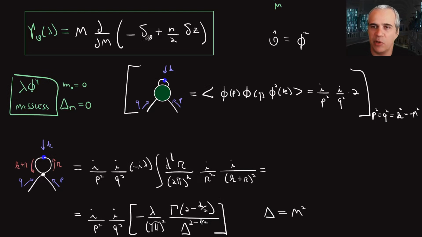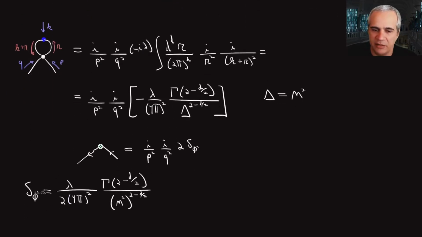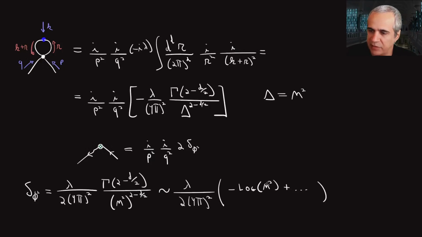I just have to worry about this delta phi squared which I got here. And if you take the number of dimensions close to 4, this is just lambda over 2 4 pi squared, times minus log of m squared plus other stuff that does not depend on m squared, including the 2 over epsilon. This is the part where the derivative acts on.